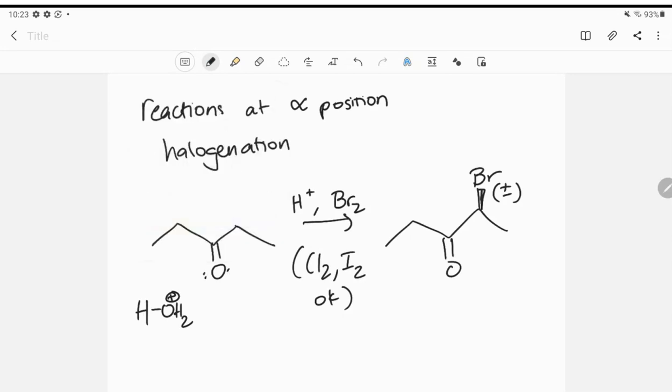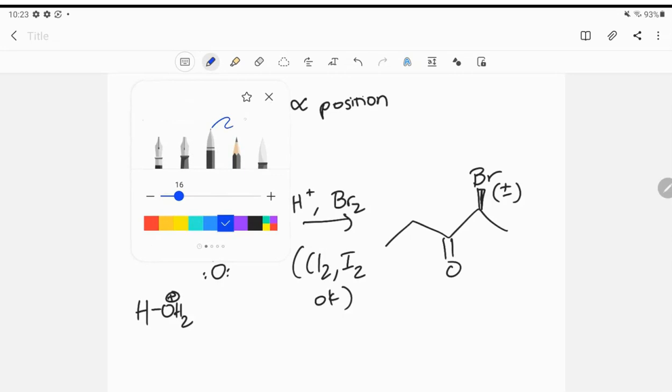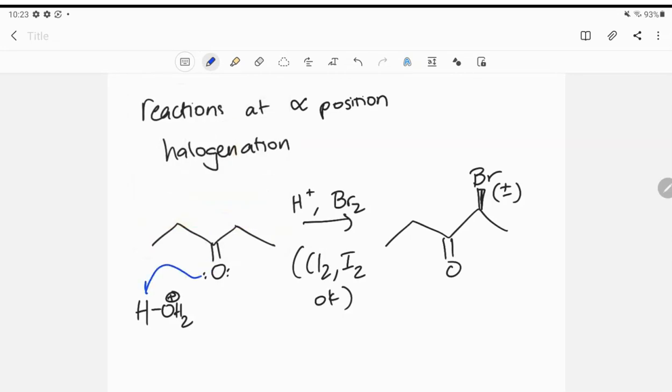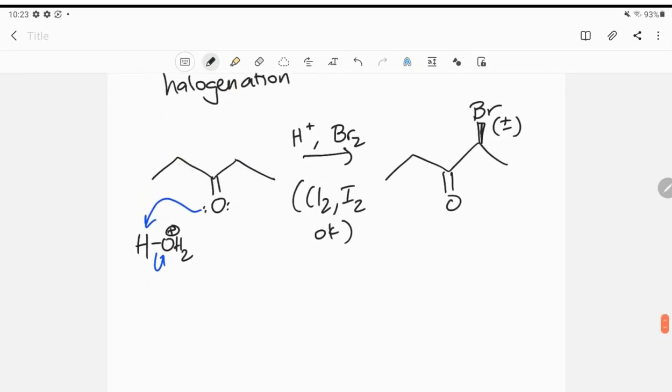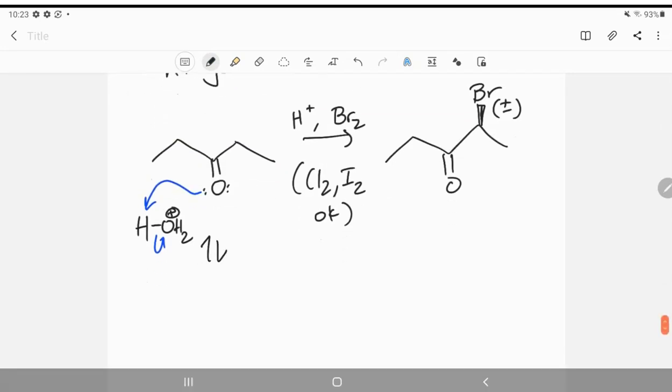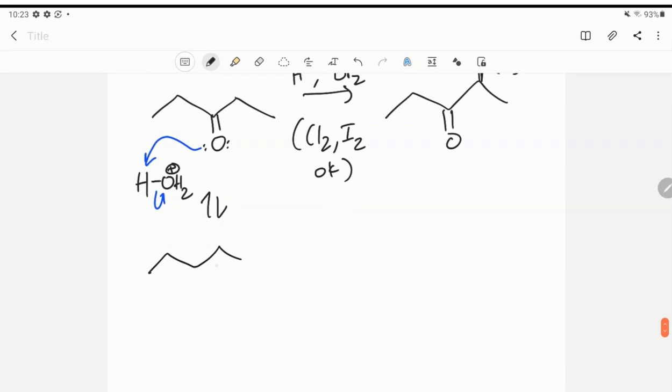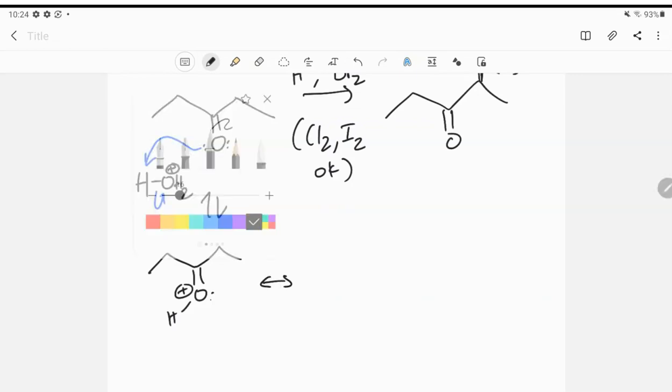First step in an acid-catalyzed process is protonation, as always. So we're going to lose our water here. Just like with the tautomerization, we're going to do some resonance just so we can have the elimination happen.